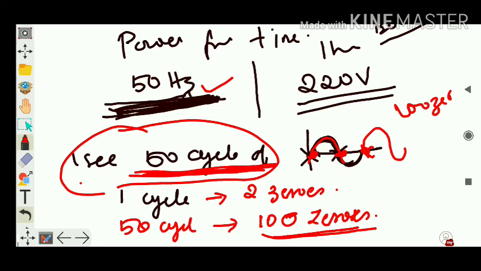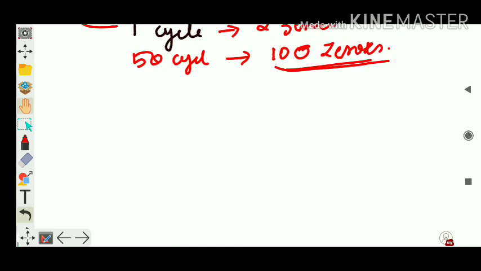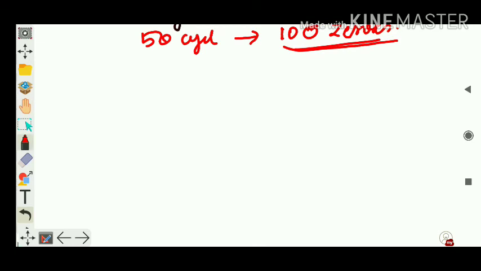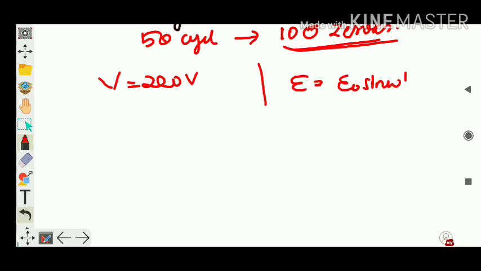Okay, now let's move on. The normal voltage supply, as I just told you, is 220 volt. We said that E is equal to E naught sine omega t, that is, the voltage is a function of time. That means the voltage or the EMF has to be changing with time.